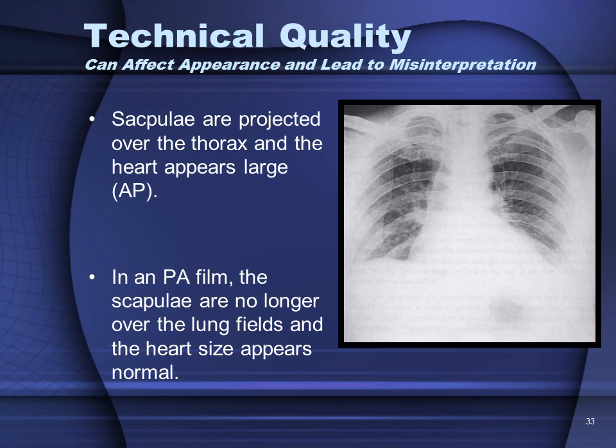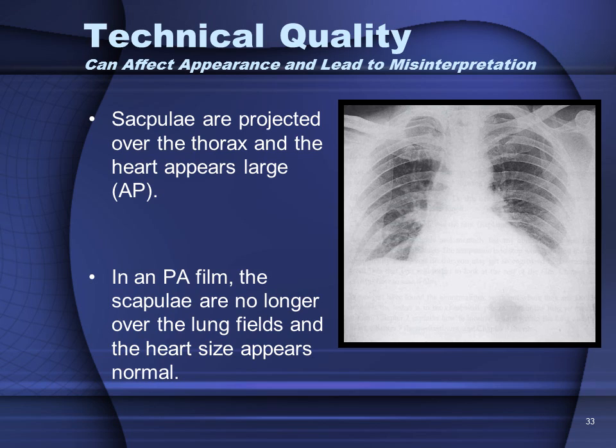So once you, as the physician, know the name of the patient and the date, so you know who you're reporting on and when you're reporting on, and you get your orientation with reference to anatomical position, then you begin assessing the technical quality of the film. Part of that is understanding the projection, whether we have AP versus PA, and how this may or may not affect the image.